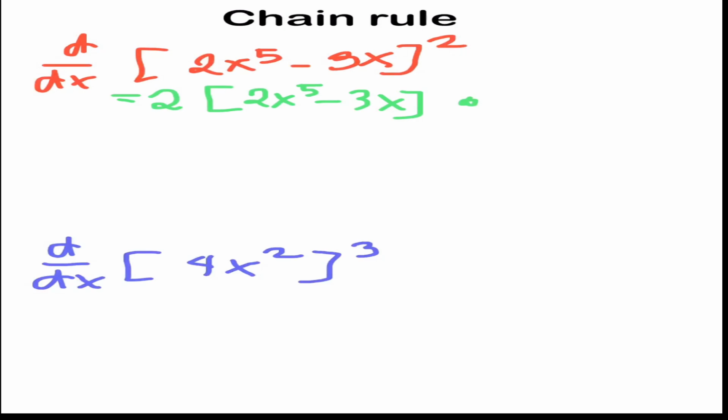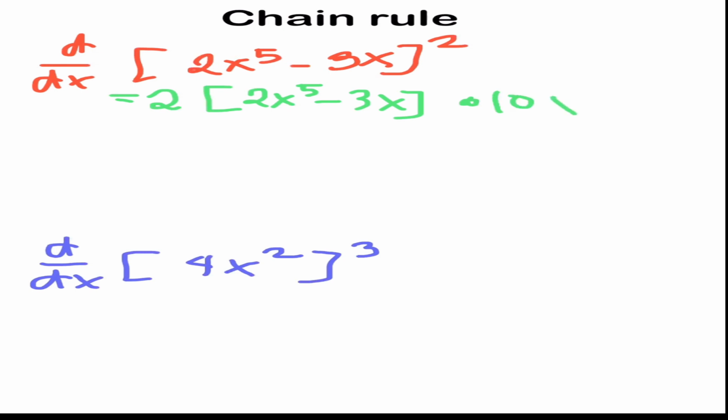Then the derivative of the inside. So what is the derivative of 2x raised to the 5th power? So 5 times 2 is 10x raised to the 4th power. We always subtract 1 from the exponent. Minus the derivative of 3x, or negative 3x, is 3. So now, this is the final answer.